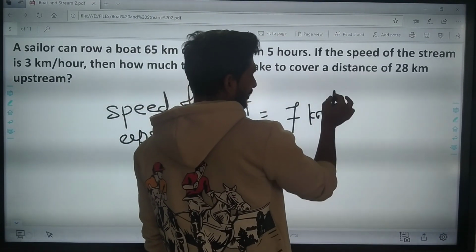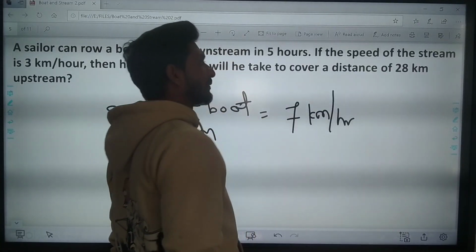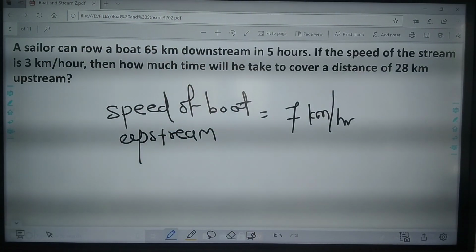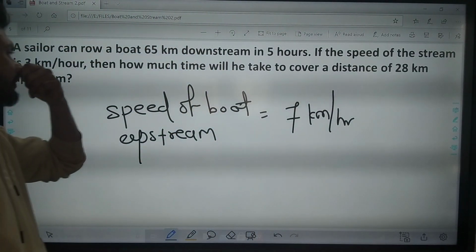Now here we find the time required to cover 28 km upstream.